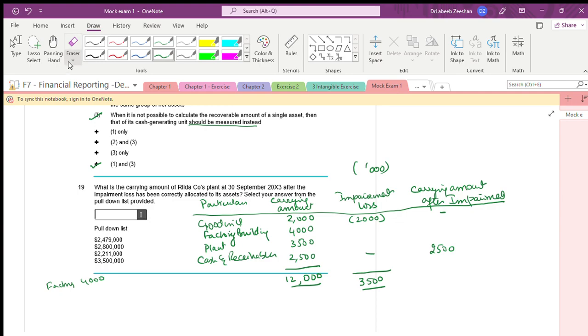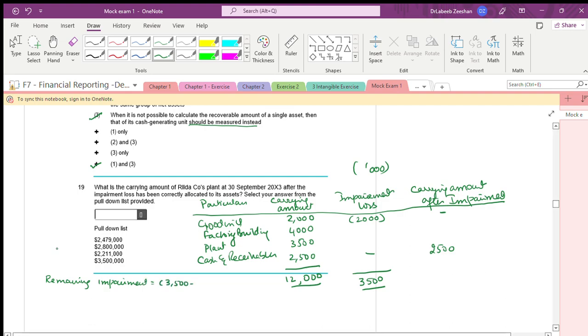If that is the case, the remaining impairment loss is 3500 minus 2000, which comes to 1500.